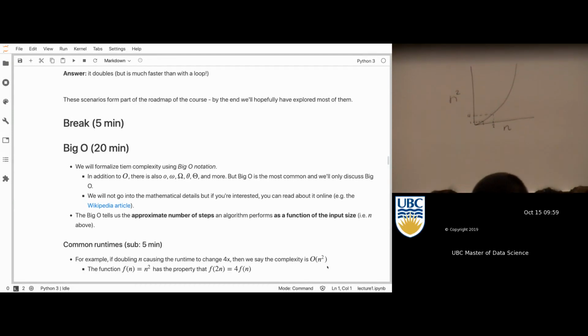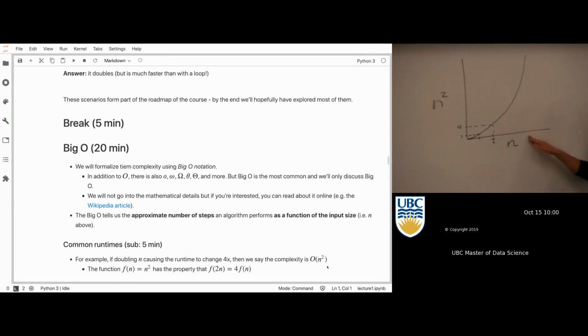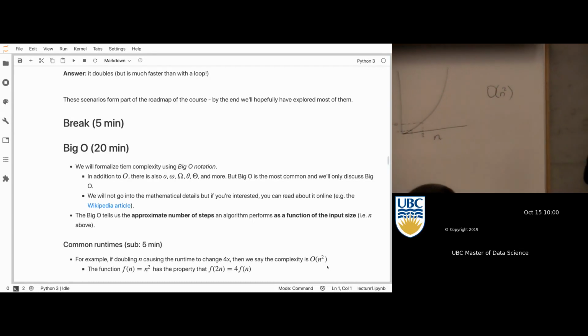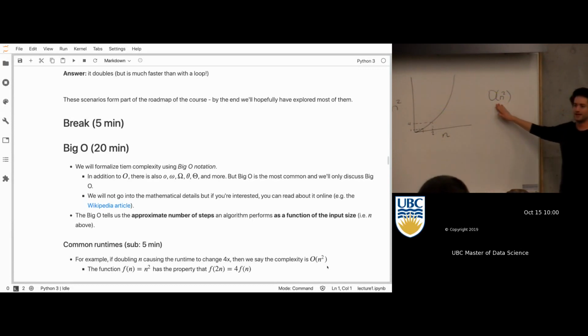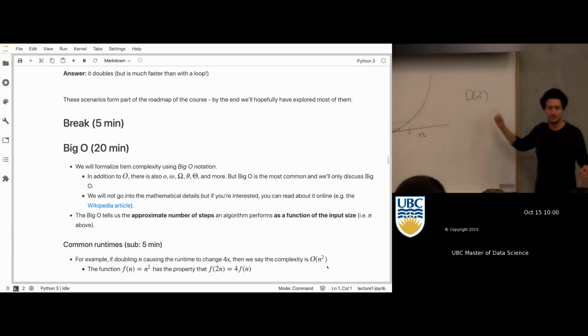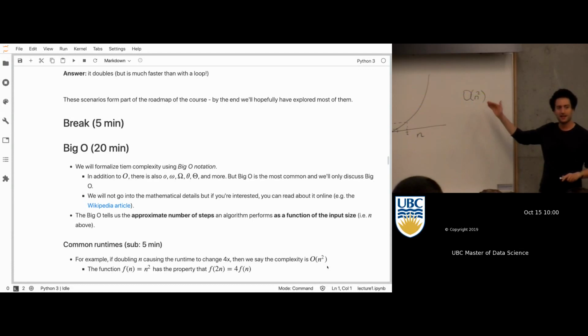So what a parabola does is it says if I double the input size, then the value of the parabola is going to be 4 times as much. So if you say the running time of this code is big O of n squared, that's pretty much the same thing as saying if I double n, then the running time is going to be 4 times what it used to be, like my sorting code.